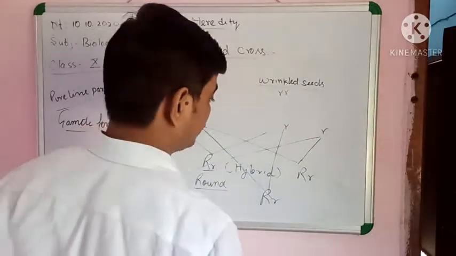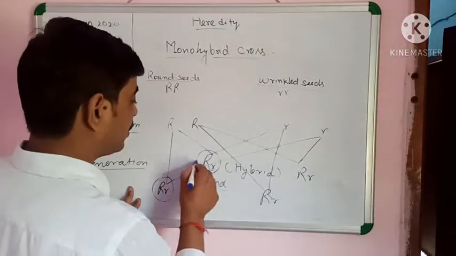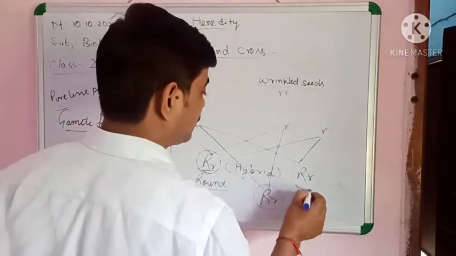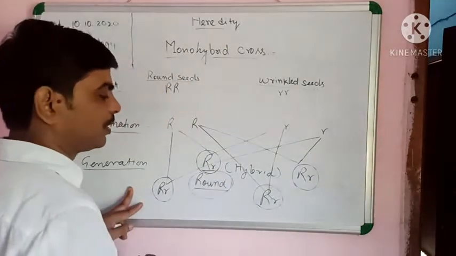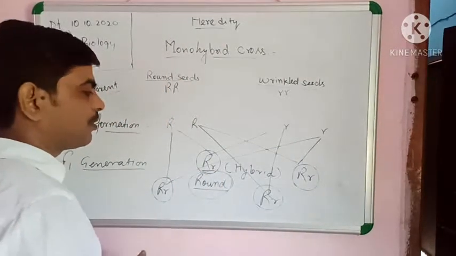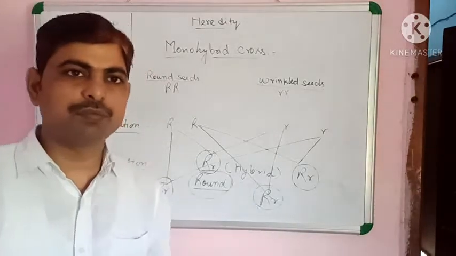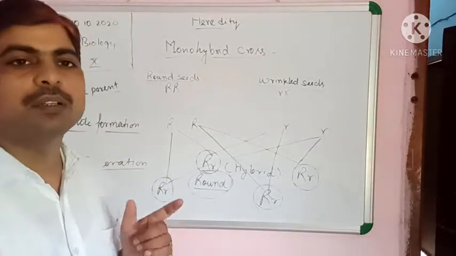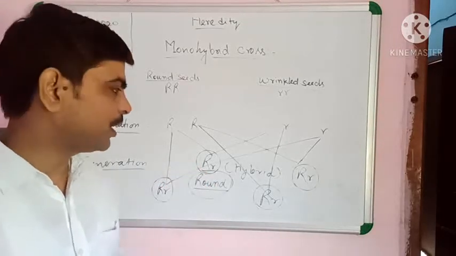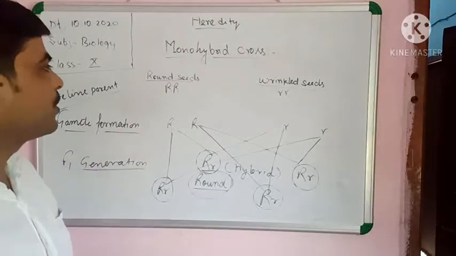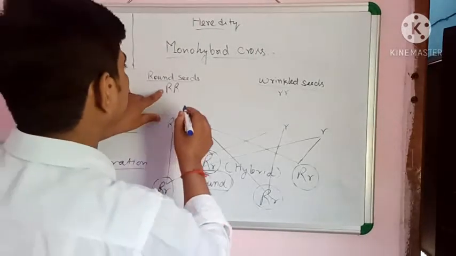You see here, everyone has the same genotype and all are round. So all the offspring in the F1 generation will be round.